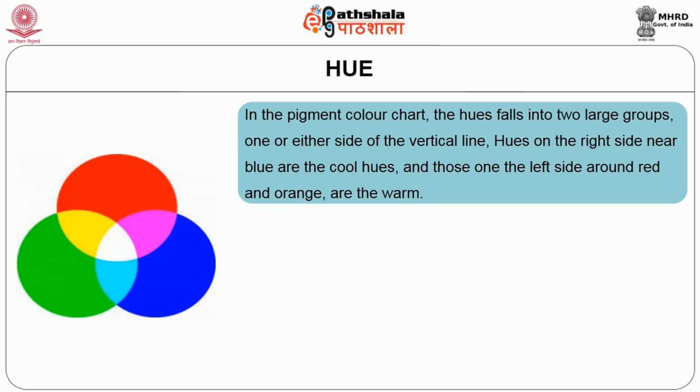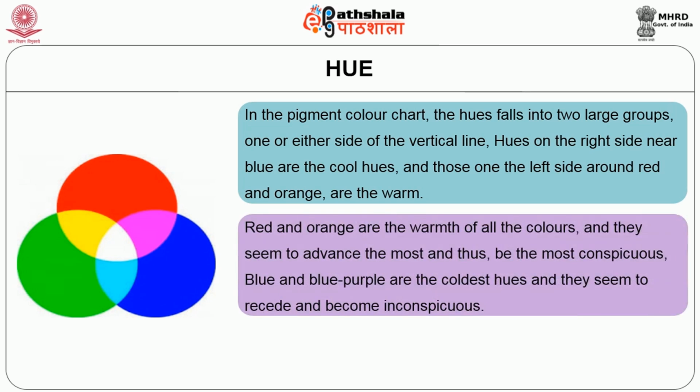In the pigment color chart, the hues fall into two large groups, one on either side of the vertical line. Hues on the right side near blue are the cool hues and those on the left side around red and orange are the warm.